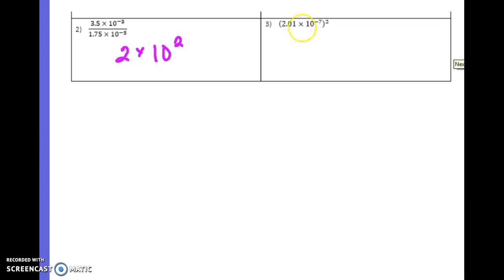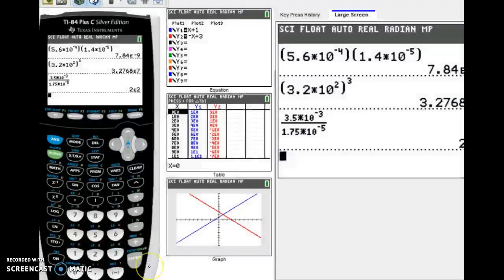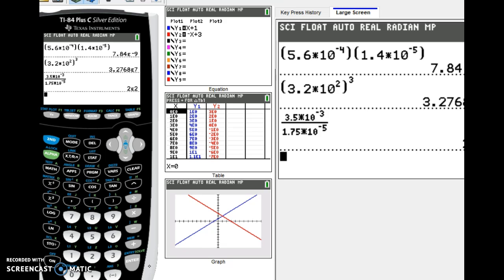We've got 2.01 times 10 to the negative 7 power, and we're going to square it. So we're just going to flip again back to the calculator. It's open parentheses, so we've got 2.01 times 10 to the negative 7 power.